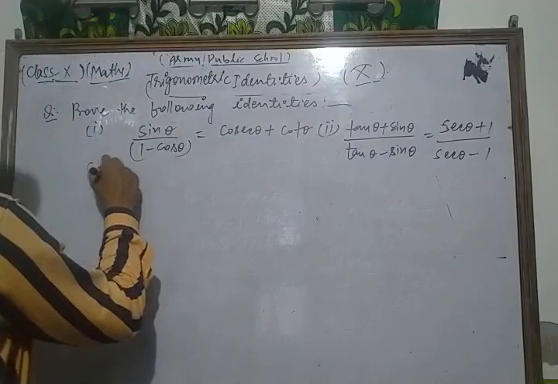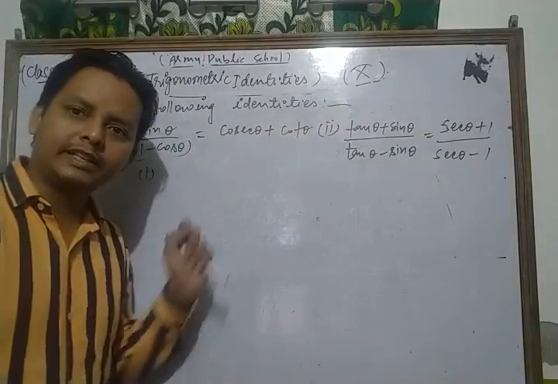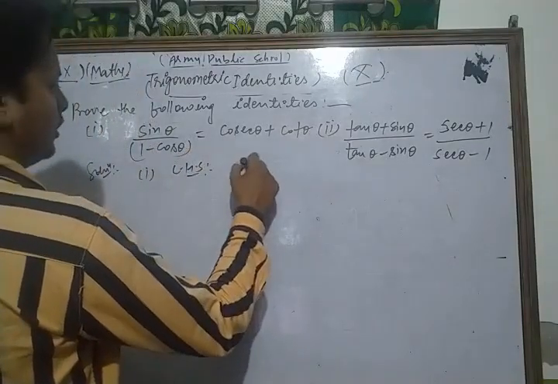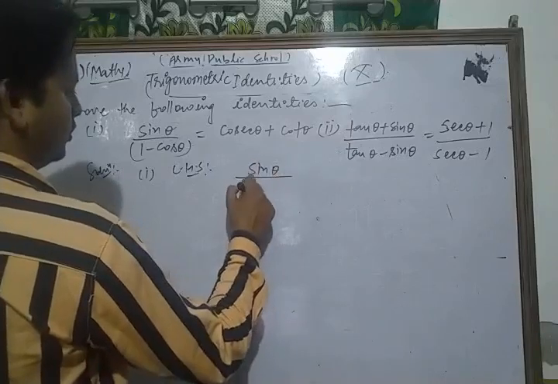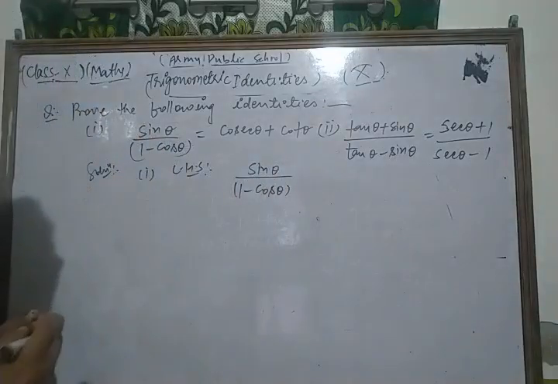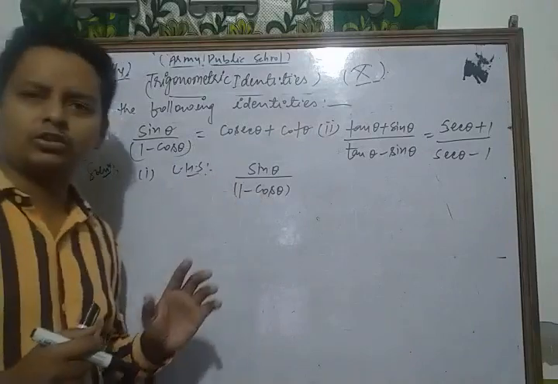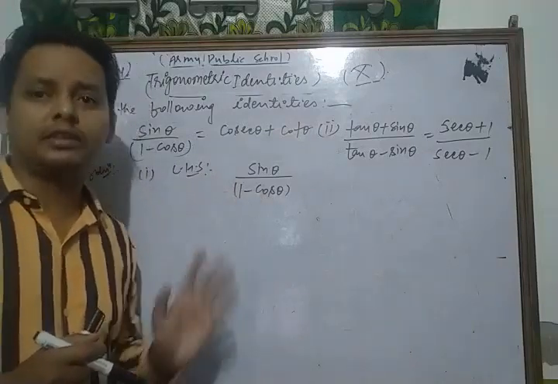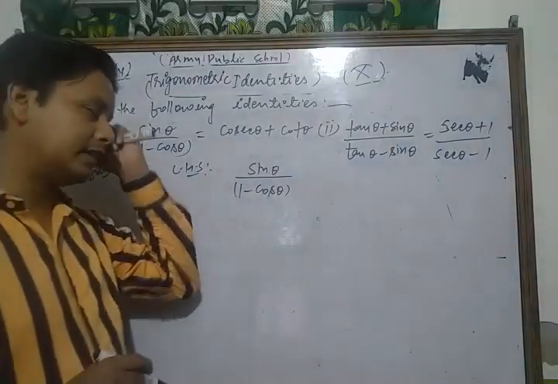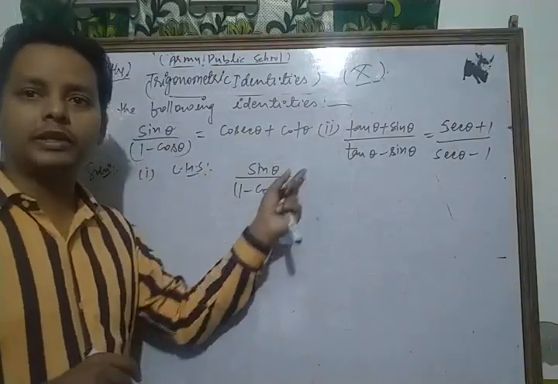First of all, we take and solve the first part of this question. For the first part, we take the left hand side, which is sin theta upon 1 minus cos theta. For this we don't know any direct identity. So here we just multiply by the conjugate of its denominator in both the numerator and denominator.